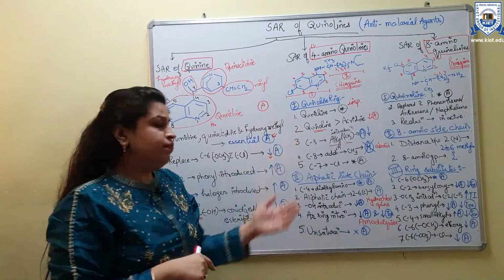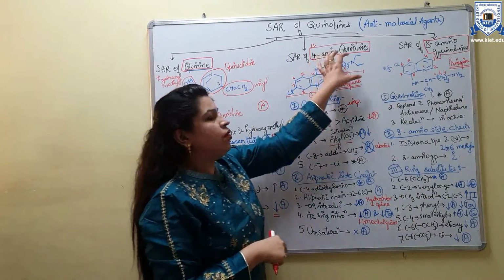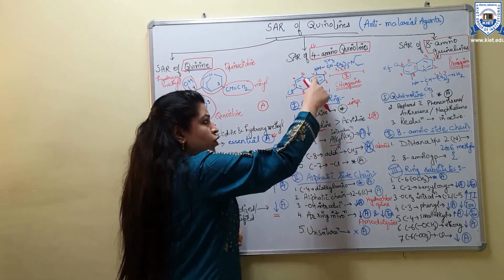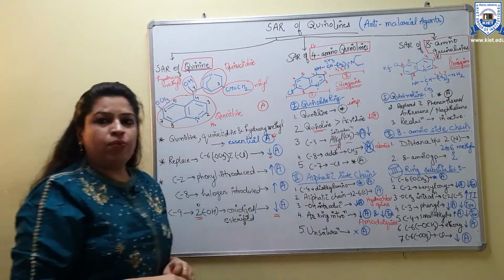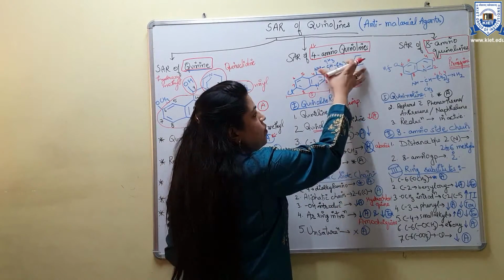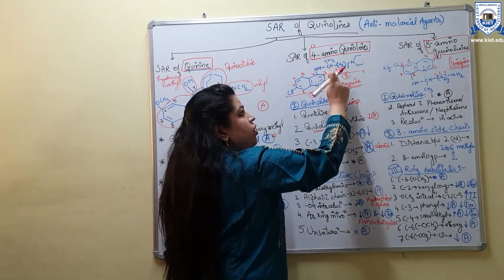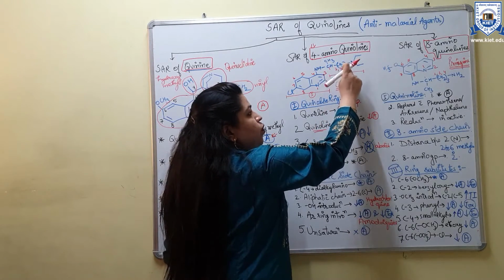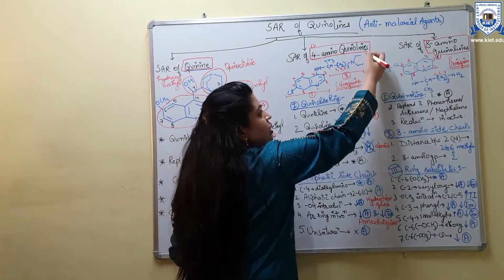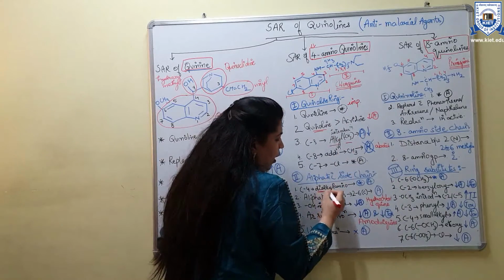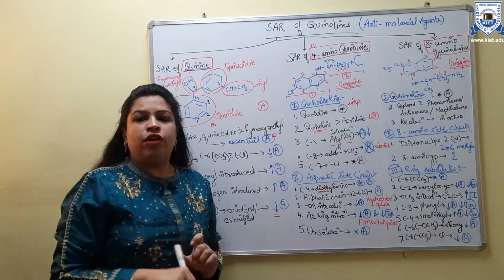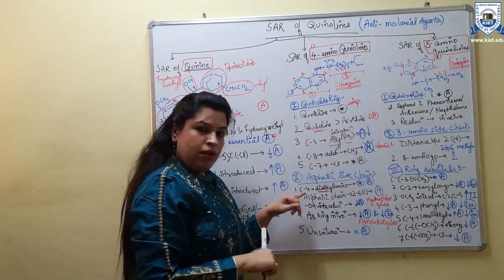Now the second part we will study is the aliphatic chain at the fourth position of the 4-aminoquinolines. The 4th carbon of this aliphatic chain, counting 1, 2, 3 and 4, has a dialkyl amino group, here it is diethyl amino. The dialkyl amino is important for the anti-malarial action.